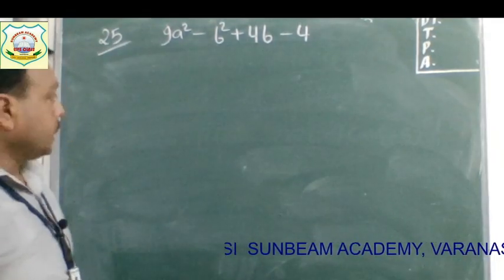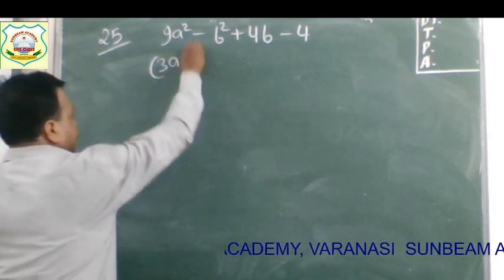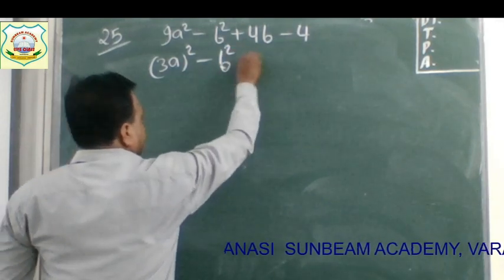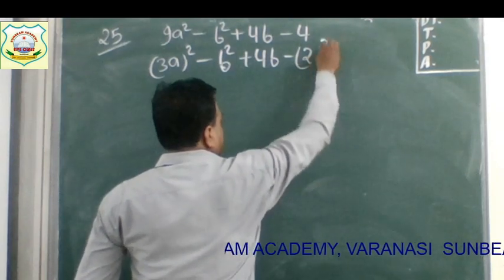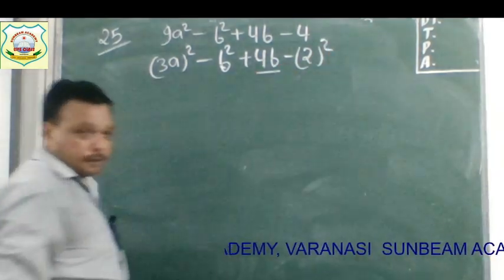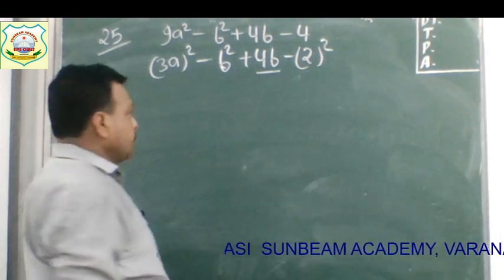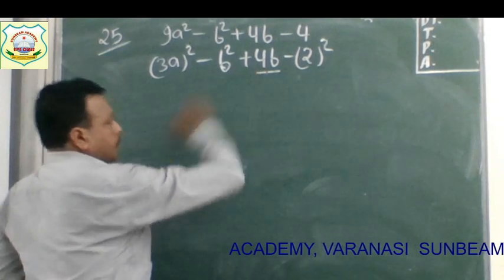Nine a whole square, we know it is 3a whole square, minus b square plus 4b minus 2 square. We can understand here this is a form of 2ab. But how will we do this? Here it is not a.